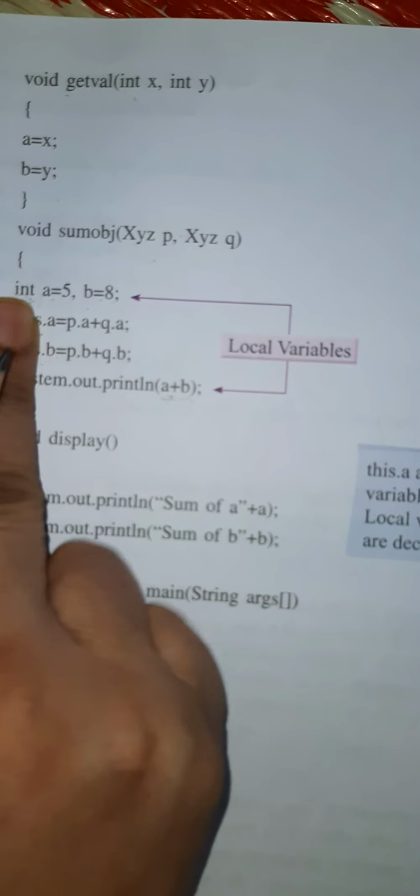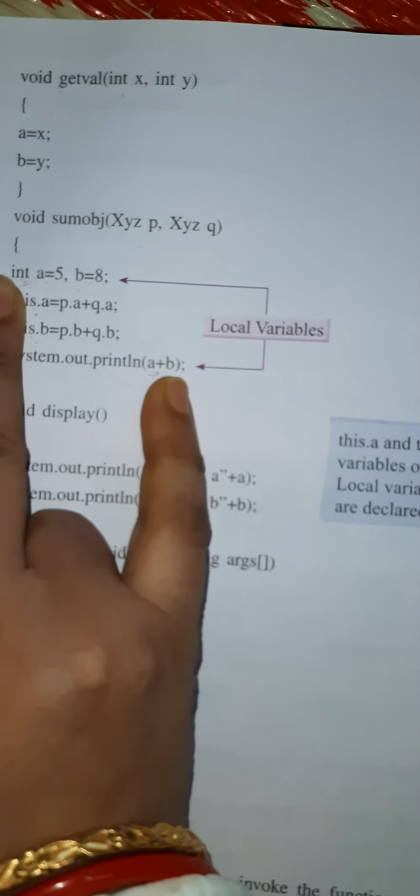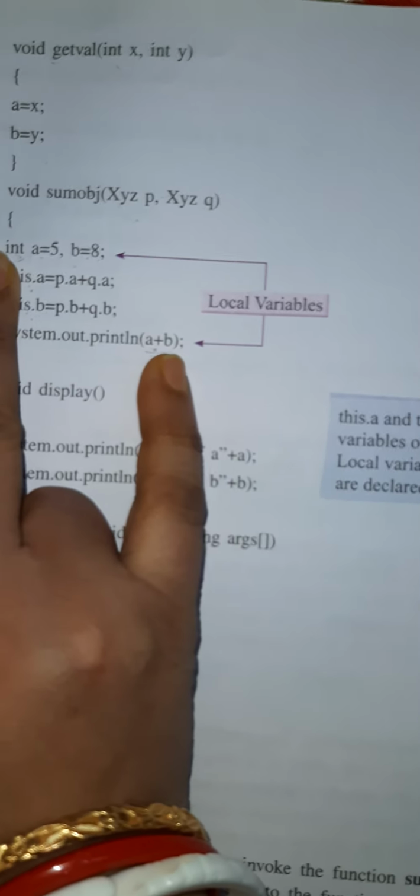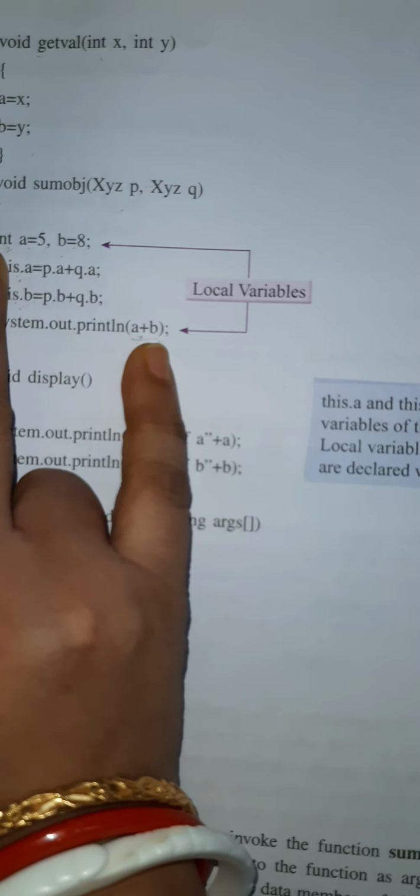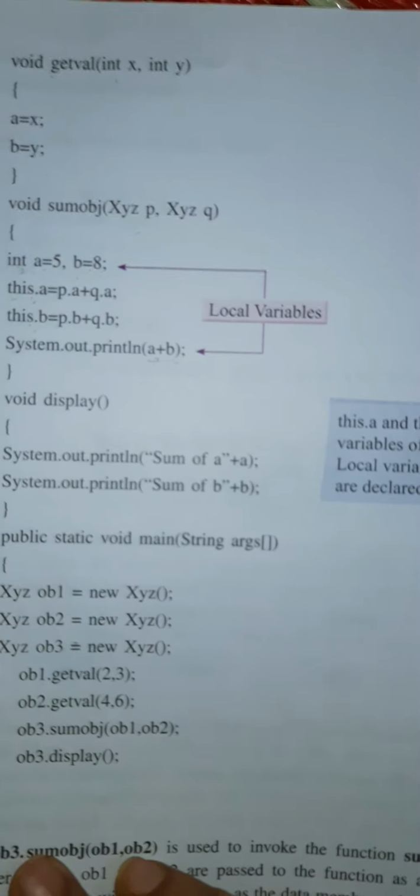Otherwise, when we give a plus b, if we hadn't used this, the system would have a confusion about which a and b we are using, and it may give an error.